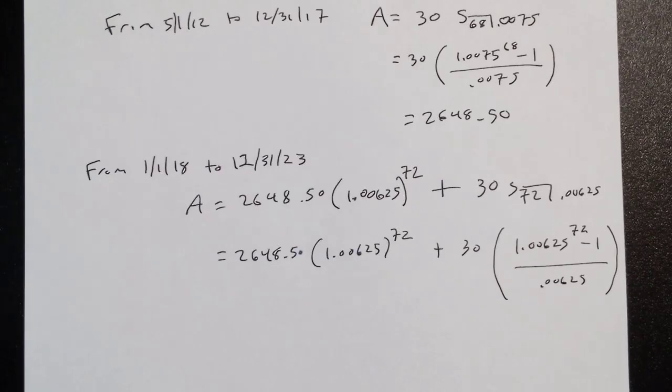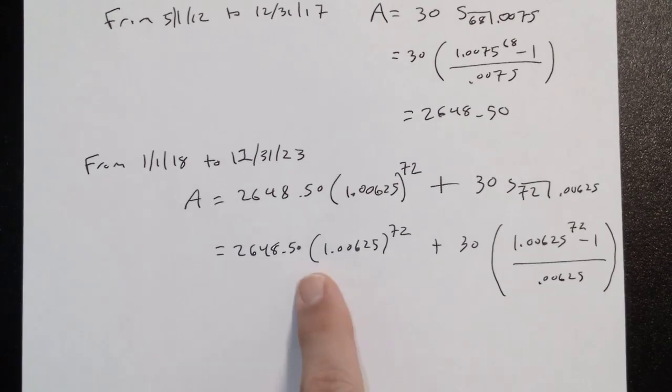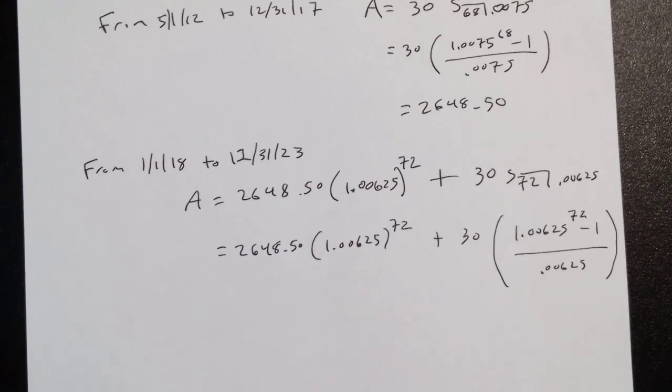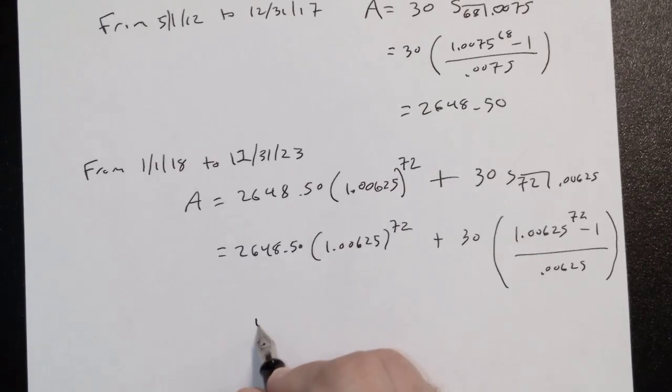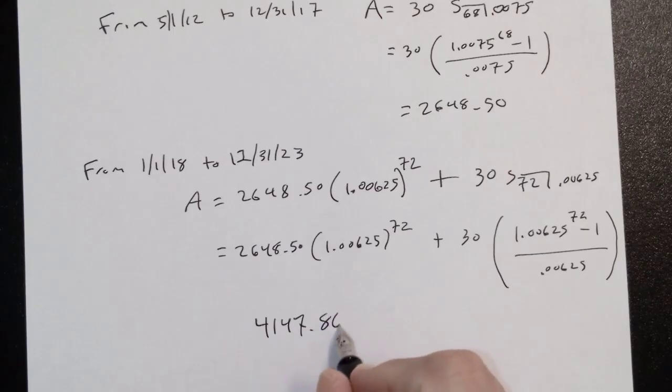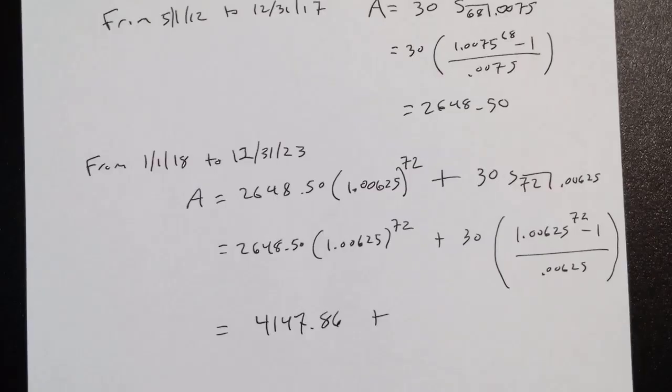What's the future value of the deposit that's just sitting there? And if I calculate the value of the second annuity, I get a number for this.